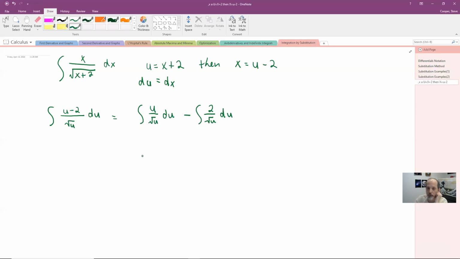And so u over u to the 1/2 is equal to u to the 1/2. Okay, so this would become, and we'll think of that as u to the negative 1/2. Okay, so this is just algebra.